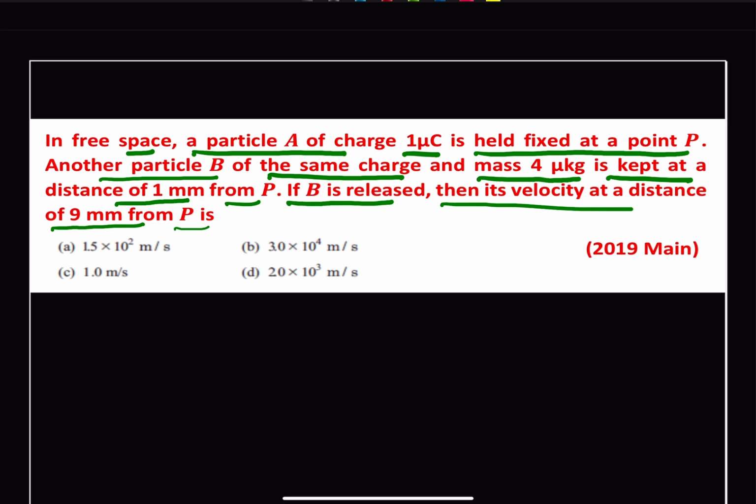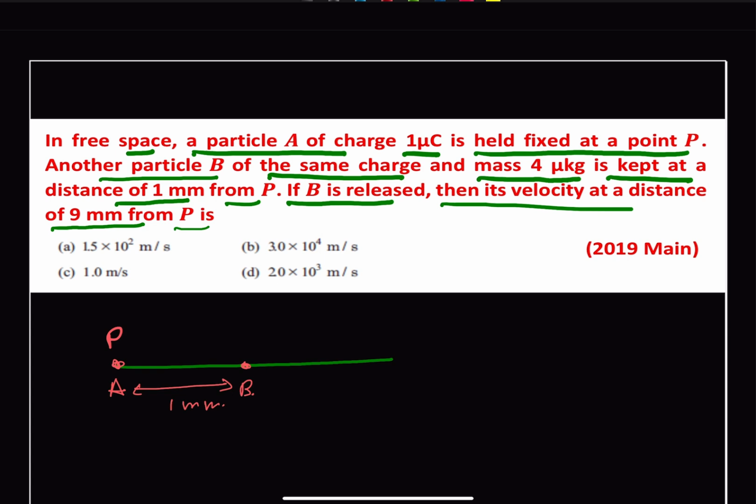Okay, so we can just draw an approximate figure for that. Let us suppose this is our charge A, and it is held at a fixed point P. And B is kept at 1 millimeter. Suppose this is our charge B and the distance between them is 1 millimeter.